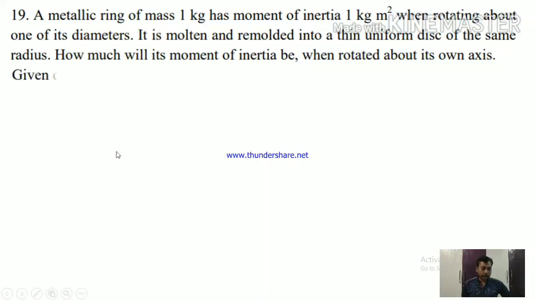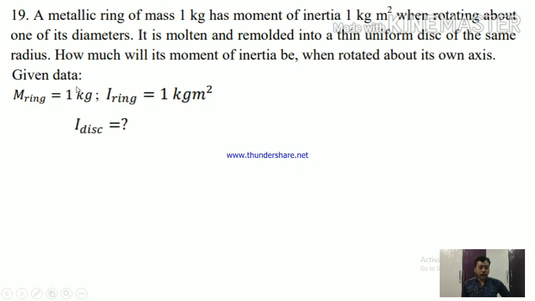So let's see the given data. The given data is mass of ring, that is 1 kg, and moment of inertia of the ring, 1 kg meter square about its diameter, is given here. The moment of inertia of the ring is given, and the moment of inertia of the disc is to be determined.